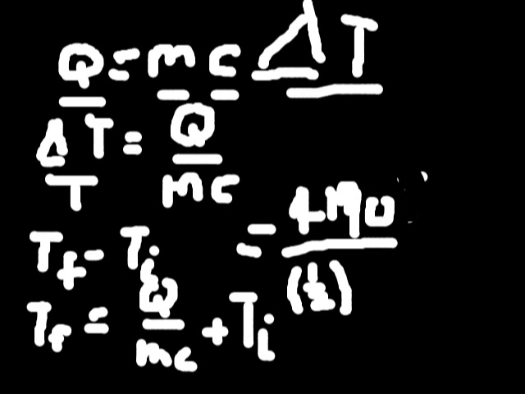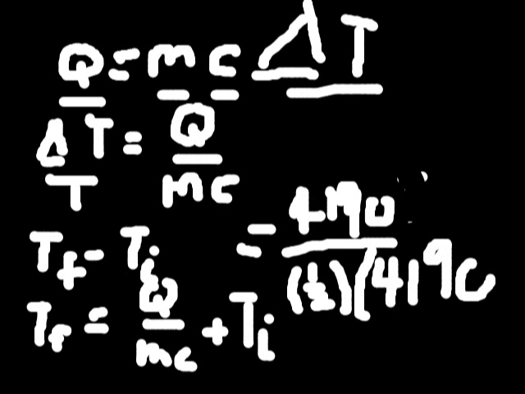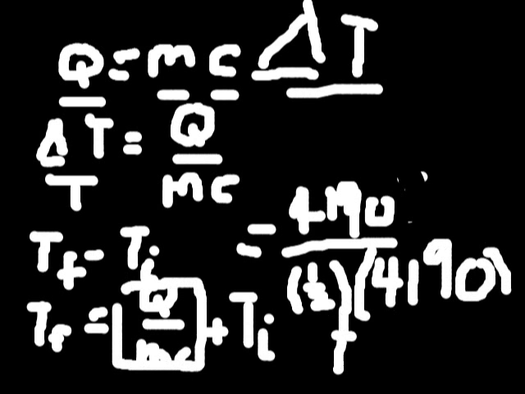Over 1/2. And then since the mass is in kilograms, we have to use the specific heat in kilograms as well, and with joules, which is 4.19 times 10 to the third, which is the same thing as 4190. And that's this part, and then you have to add Ti. What's Ti? Ti is 12. And in the end, once you plug all these values in, you'll get 14 degrees Celsius.